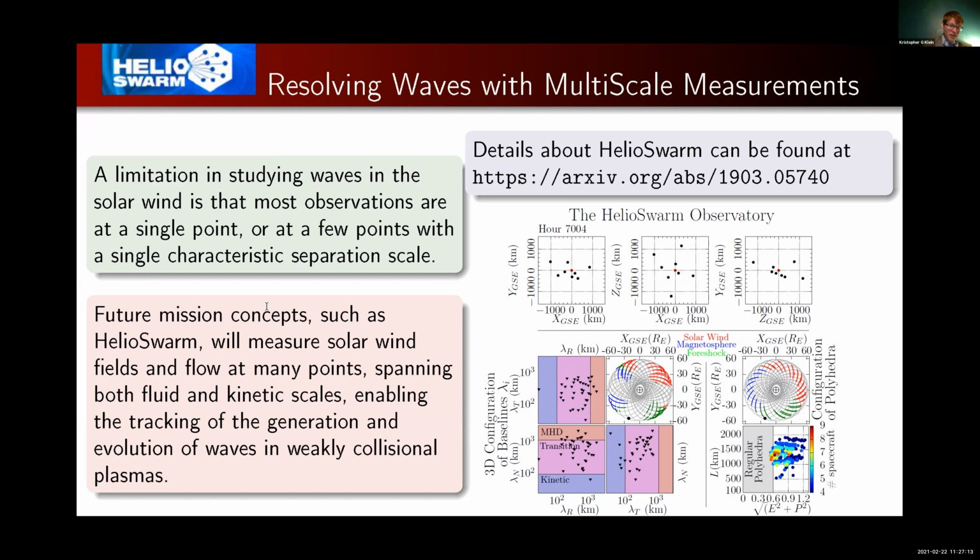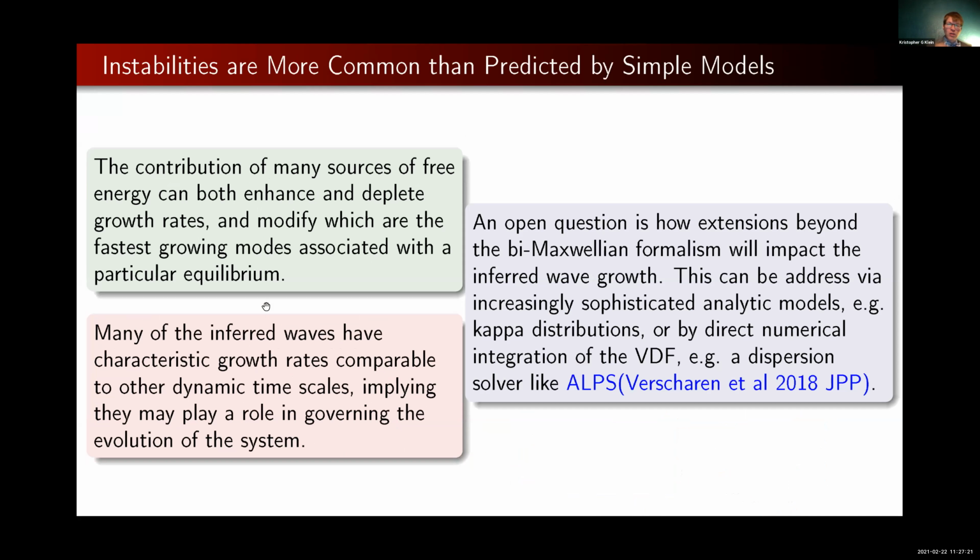Also, Tony Case at SAO is one of the leads for actually building the instruments that would go on this swarm of spacecraft. So I'll leave you there with the idea that properly modeling all of these different sources of free energy will significantly change the inferred growth rates and the inferred methods of transporting energy through this coupling between the fields and the distributions.